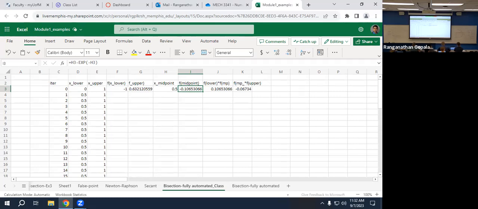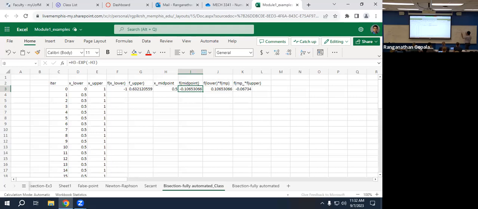Yes. So for the first part, are you saying that if f of x lower and f of x midpoint are both less than 0, then it would be x of... Yeah, you are bringing this here. Just speak visually. You are bringing this here and squeezing the range like this.